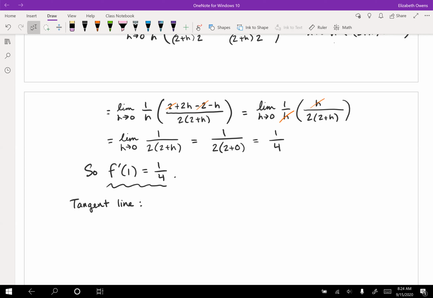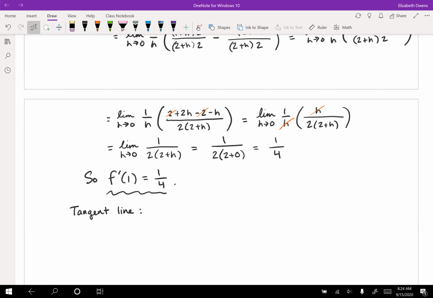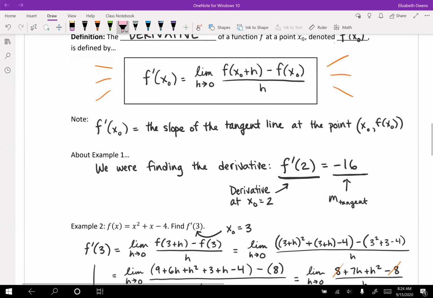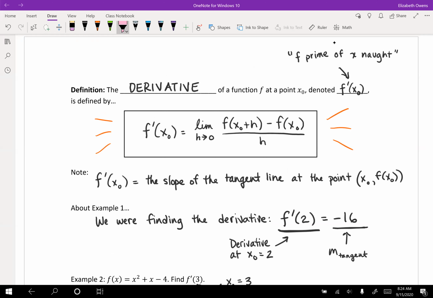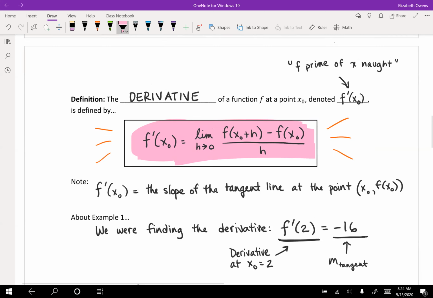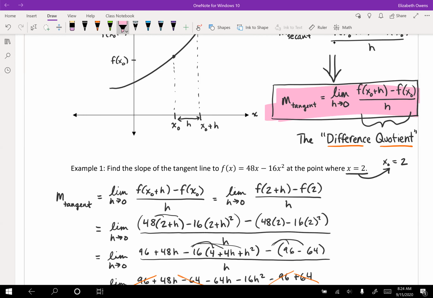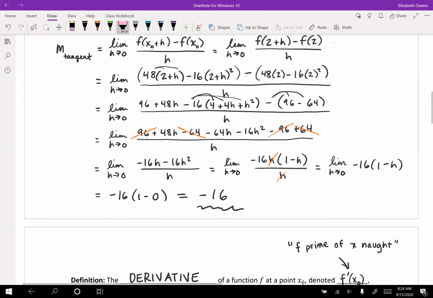But the key thing to remember is that the derivative at a point gives you the slope of the tangent line at that point. Remember, that's from our definition directly, okay? Because the definition of the derivative here is the exact same thing that we were using to find the slope of a tangent line. So the derivative gives you the slope of the tangent line.